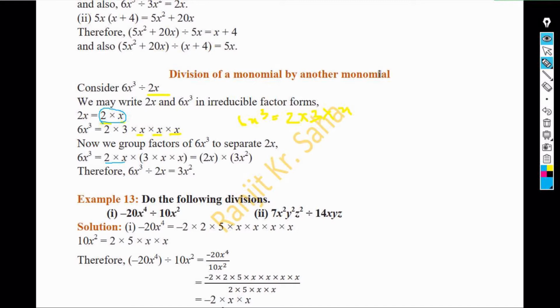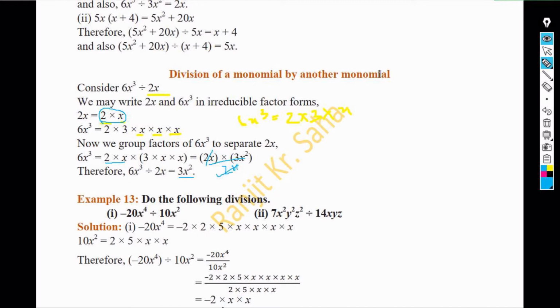We can say that is equal to 2x into 3x square. When we are dividing by 2x, this 2x cancels with this 2x, then 3x square remains. This is the answer. This is the result.